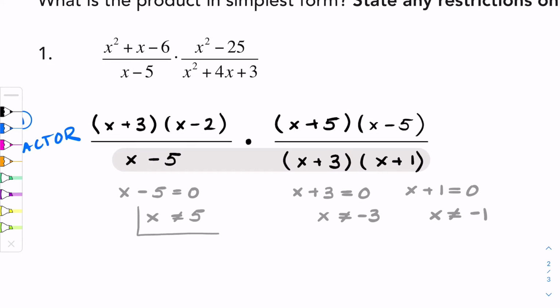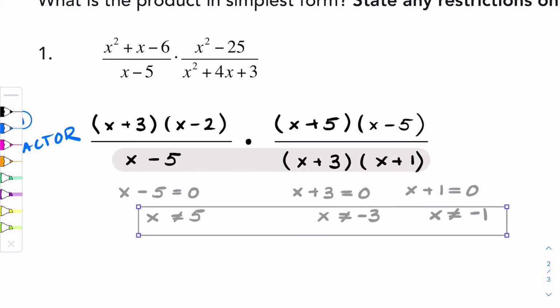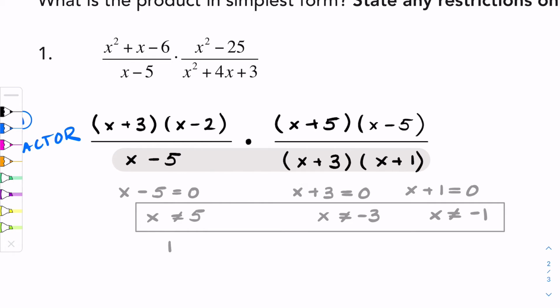So these three numbers are my domain restrictions. And that's step 2 in the list above.